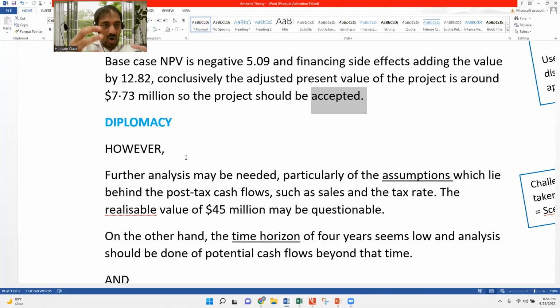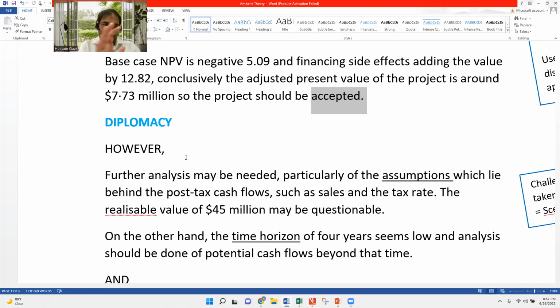So any finance manager presenting this information is preparing all the material, the APV, based on the information collected, and it's about the future. If it is about future strategy, we must use some diplomacy.